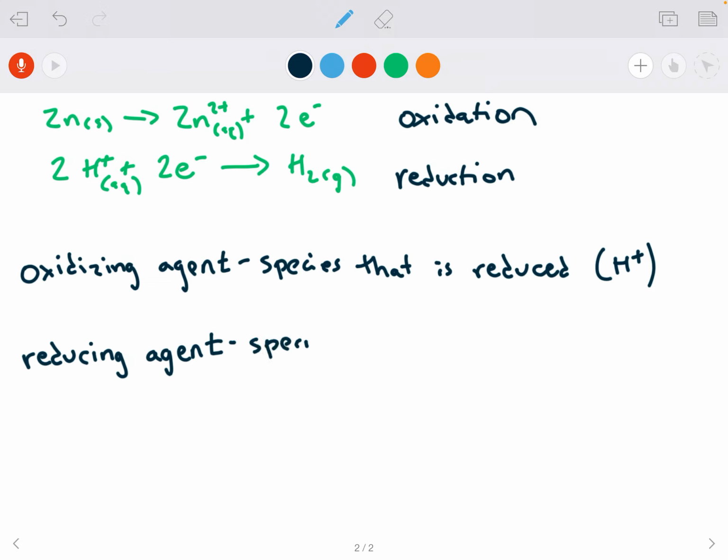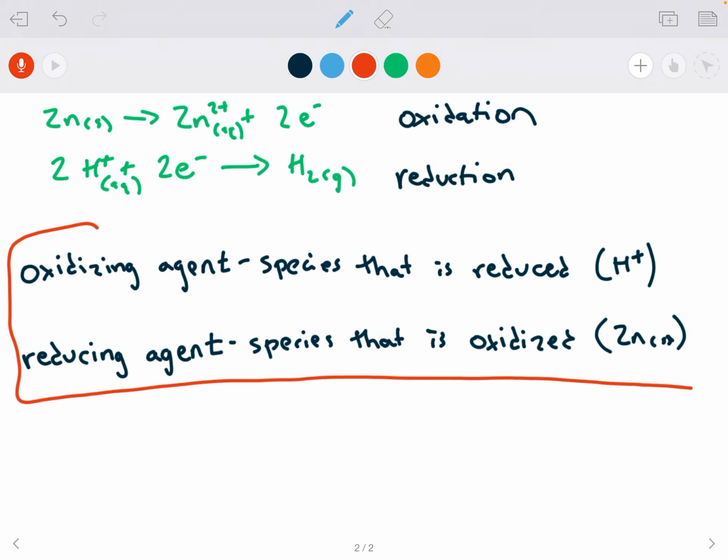Likewise, the reducing agent is the species that is oxidized. So in this case, that's zinc solid. Again, it's the reducing agent because when zinc is oxidized, that causes H+ to be reduced.